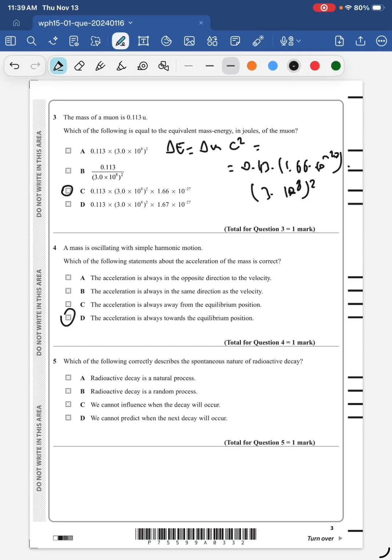I don't even understand what they mean by random, so that's wrong. C, we cannot influence when the decay will occur, which is the correct answer. And then D, we cannot predict when the decay will occur. That's not correct, okay? So C is the right answer.